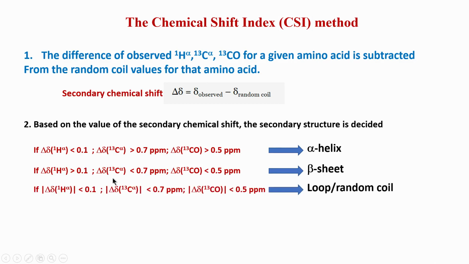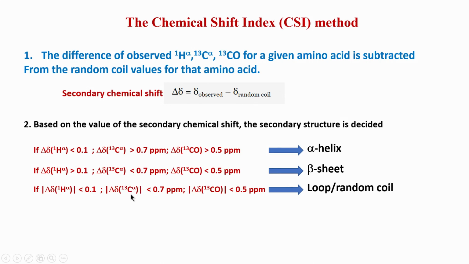Now, if it is somewhere in between, where the H alpha deviation is less than positive 0.1 and greater than minus 0.1, and similarly for C alpha, look at this, we are now calculating the absolute deviation.